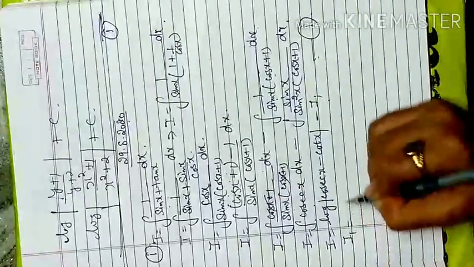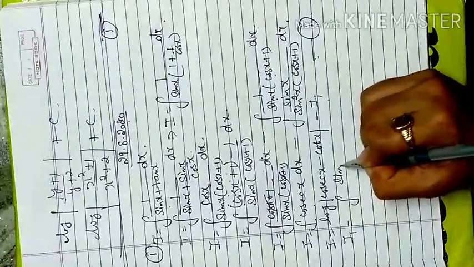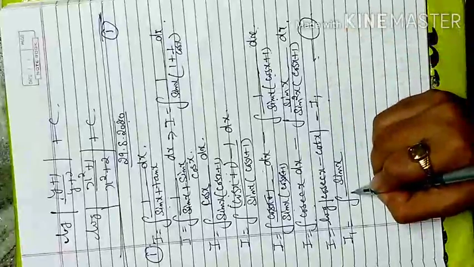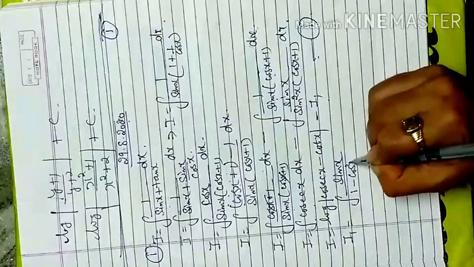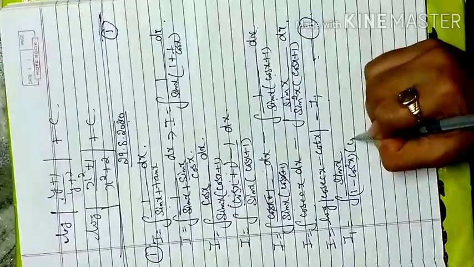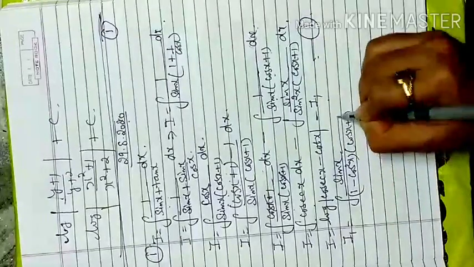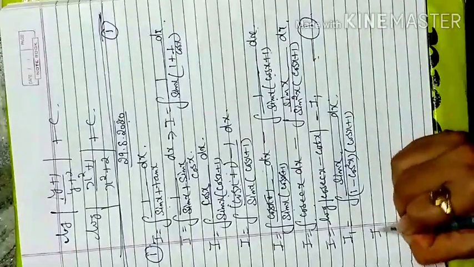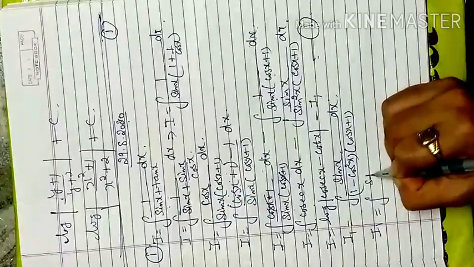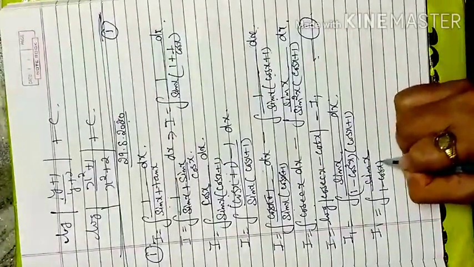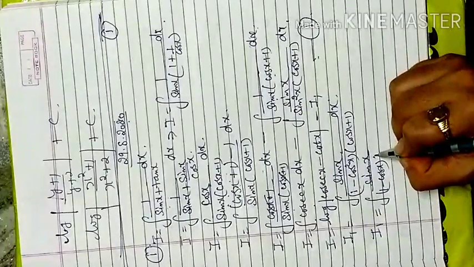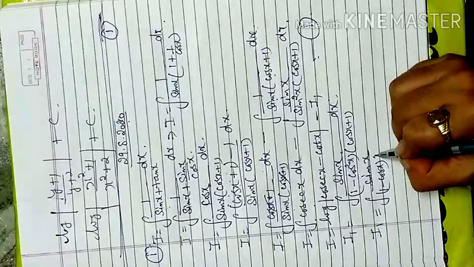Now the I1 value is the integration of sin x, and sin square x changes to 1 minus cos square x, then cos x plus 1 as it is, dx. Now I first merge the factors: I apply the formula a square minus b square, 1 minus cos x times 1 plus cos x, so that becomes 1 plus cos x whole square.